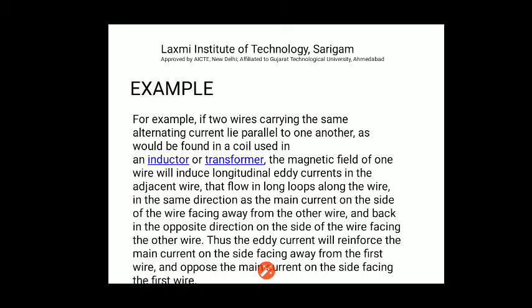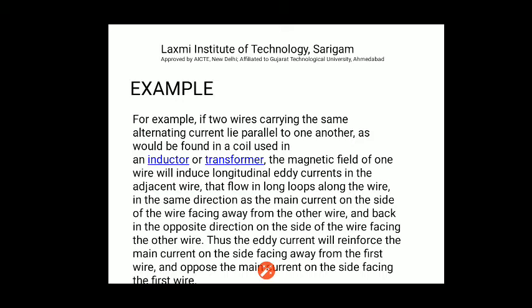For example, if two wires or conductors carry the same alternating current in parallel to one another, as would be found in the coil used in an inductor or transformer, the magnetic field of one wire will induce a longitudinal eddy current in the adjacent wire.